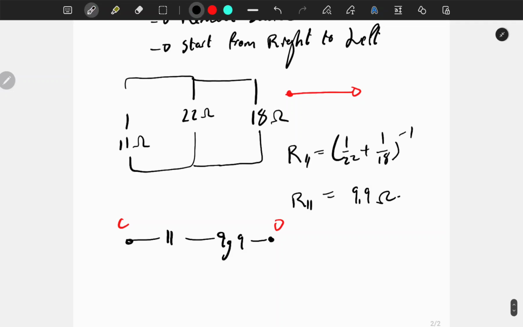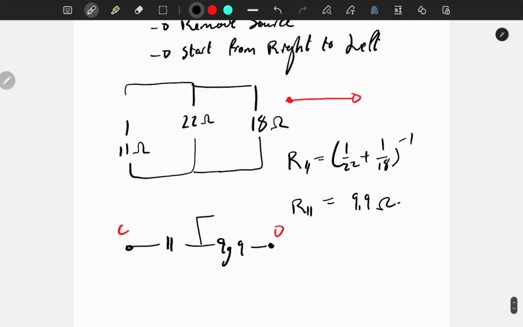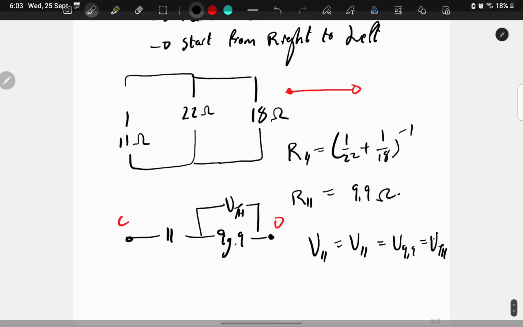So now the voltage across here is going to be our Thevenin voltage, because we know that voltage in parallel are equal, right? So the voltage in parallel is equal, so we need to find the voltage over here, right?